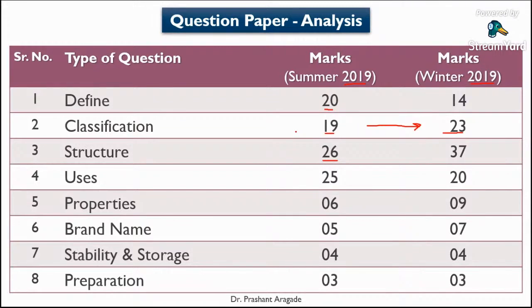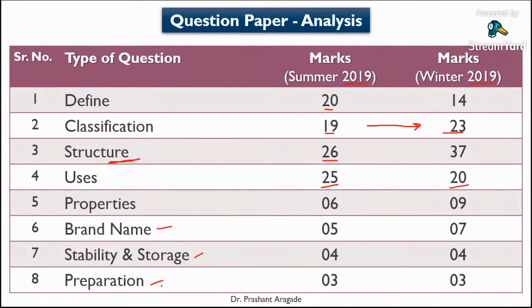Because you know that definition type of questions are asked, different types of classification are asked, and most important in the chemistry part, structure is asked, and uses are asked for 25 marks or 20 marks, isn't it? Then they have asked some properties, brand name, stability and storage, dosage forms, or pharmaceutical preparations.